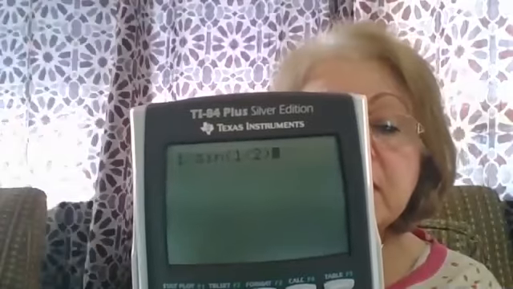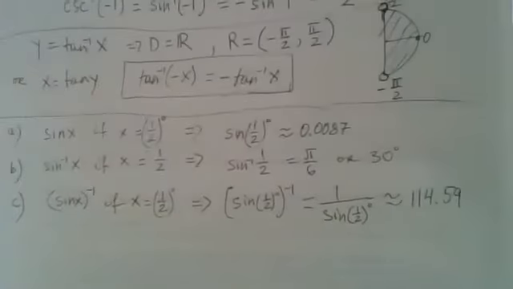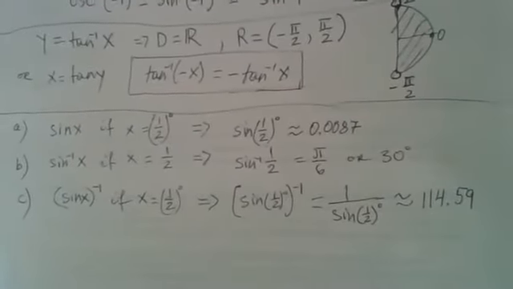So it will be 1 divided by sine of 1/2, 1 divided by 2, close parenthesis, and enter. And I'm ready to approximate 114 point, let's say 59, because after 9 I have 3. I do not want to continue. This is the value. You can see we have all 3 different values here as answers.